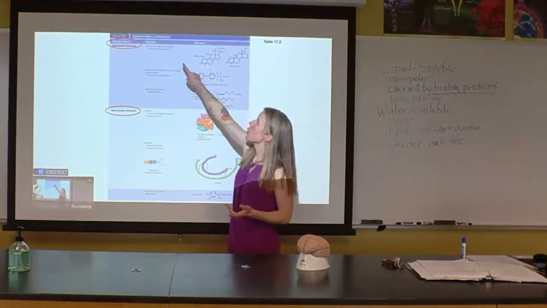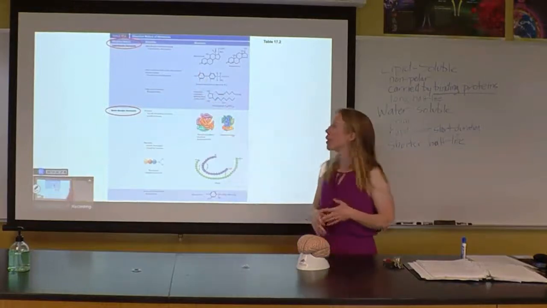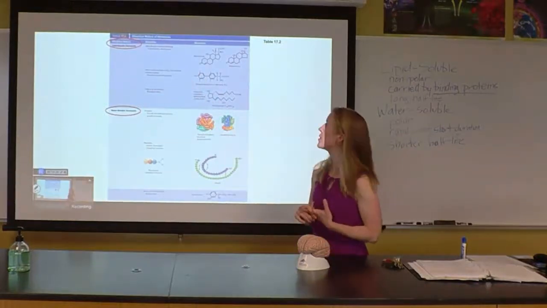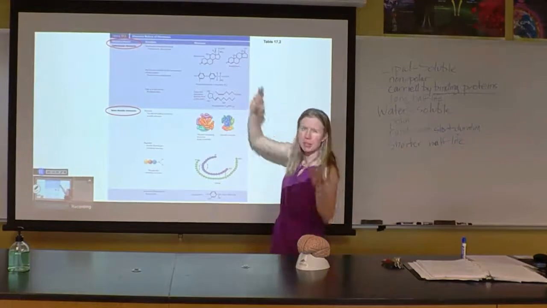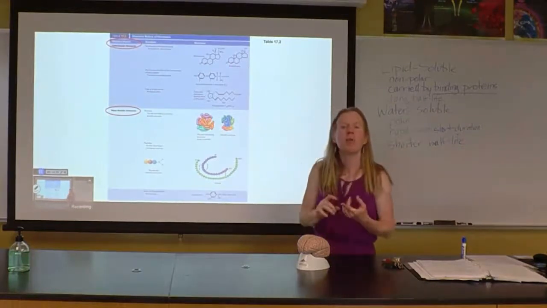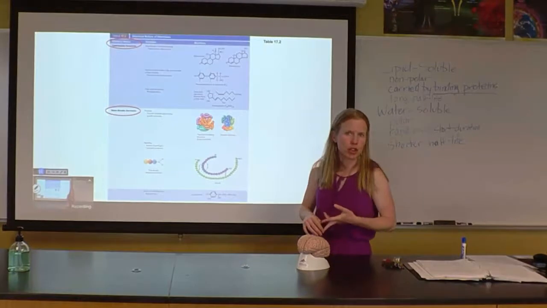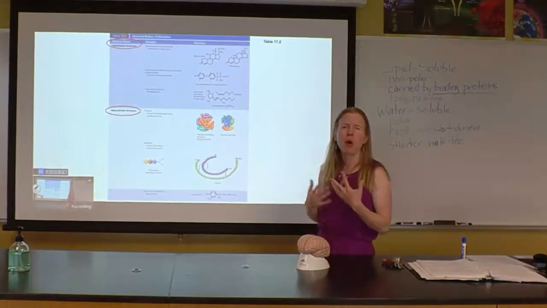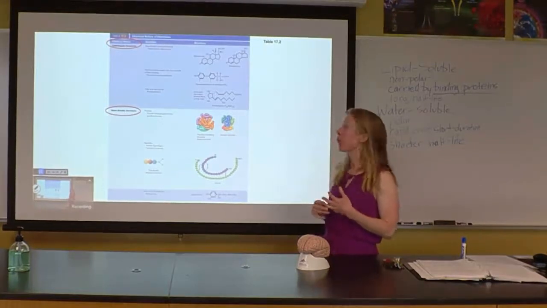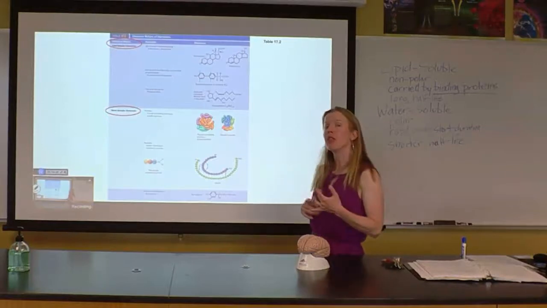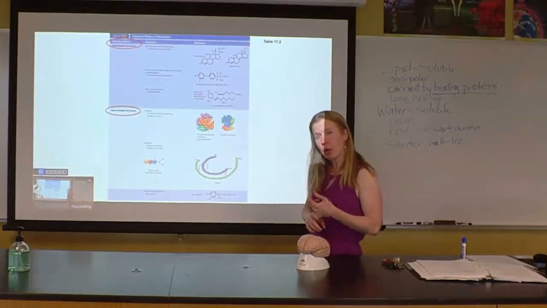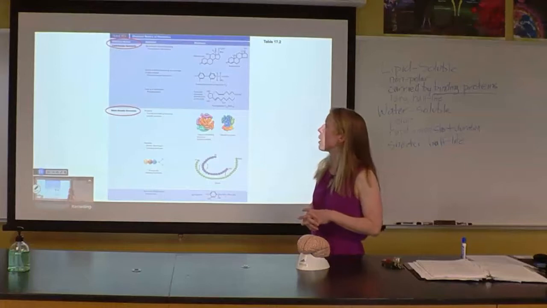Particularly in the lipid-soluble hormones, we're talking about all the steroid hormones. They're cholesterol-based. You'll see these ring-like structures. This is like testosterone, estrogen, progesterone. So all those reproductive hormones are the steroid hormones. Aldosterone is also a steroid hormone, and that deals with sodium levels in the body.